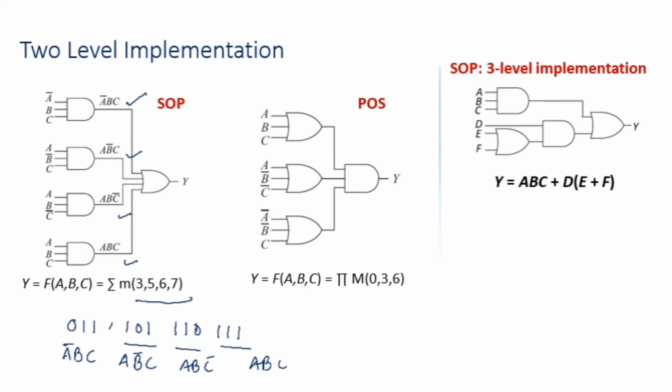And all these products are to be added. So all these products are calculated with the help of AND gates. 4 AND gates are used to calculate these 4 products, and when all these products are added, for addition I am using an OR gate.